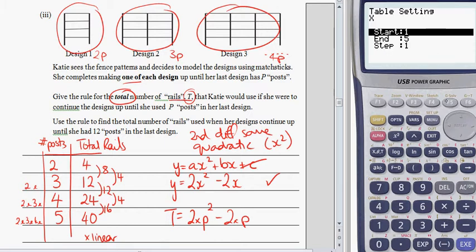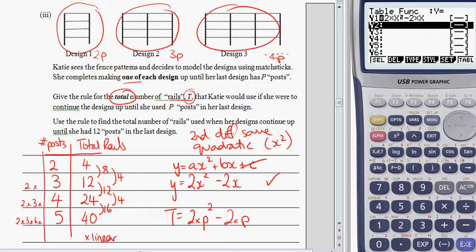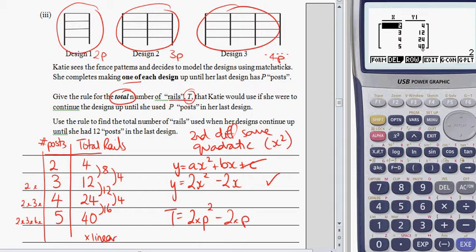We'll set that and we'll start from 2, and going up to 5 is fine in steps of 1. And we could just check that we do get those same numbers so I know that my rule is right. You could also check it in menu run and just try putting some of those numbers into that formula.